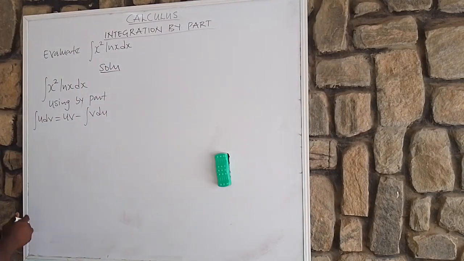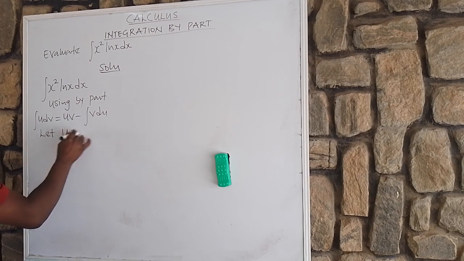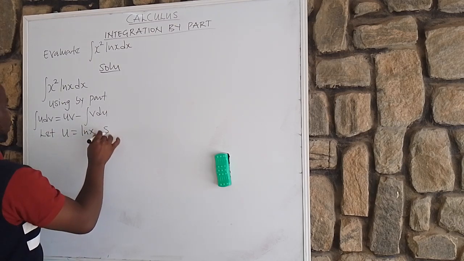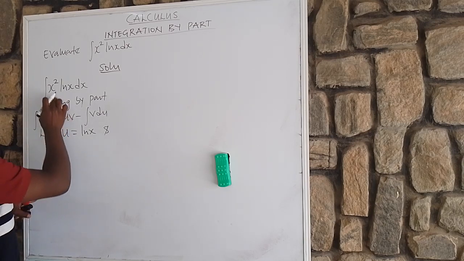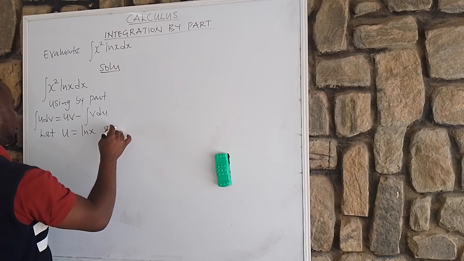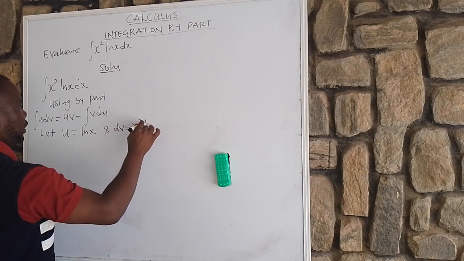Instead of u being this, let u be equal to ln x, and let dv be equal to x squared dx.